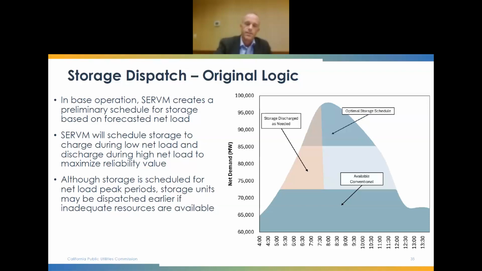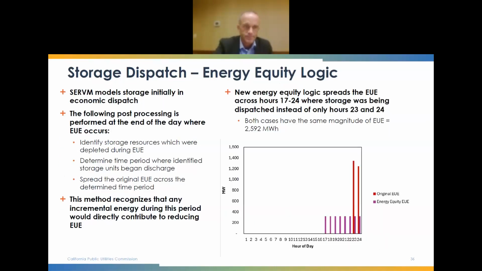We take the dispatch of the storage and we spread it out across that entire window. And then you have equal unserved energy across this entire window. And then when we measure the reliability, it's spread out more to reflect that fungibility of energy across that entire dispatch window. That's illustrated a little bit further on the next slide.